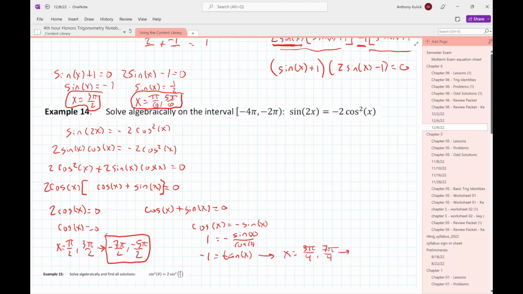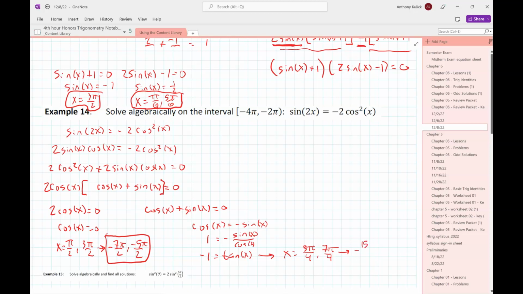Again, neither of these are in the interval that I'm looking for, so I'm going to keep subtracting 2 pi till they are. So this is 3/4. Subtract 2 pi from that, I get -1.25. That's not enough. Subtract again, I'll get -3.25. That is in between there. So what is that?